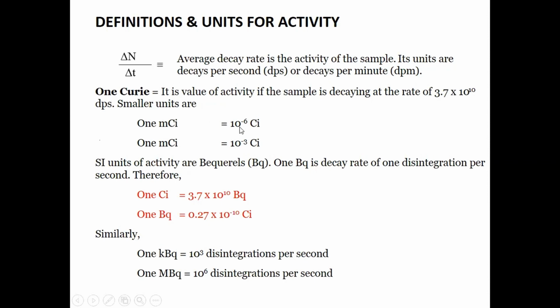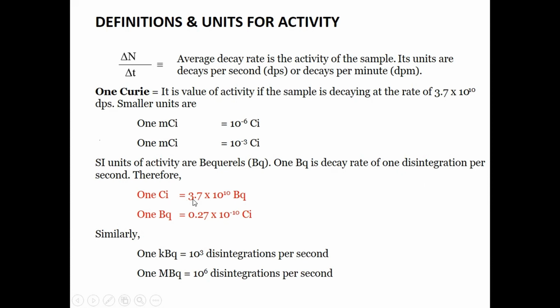The smaller units are 1 microcurie for 10 to the power minus 6 and 1 millicurie for 10 to the power minus 3. The standard international unit for the activity is the becquerel, and 1 becquerel decay rate is 1 disintegration per second.